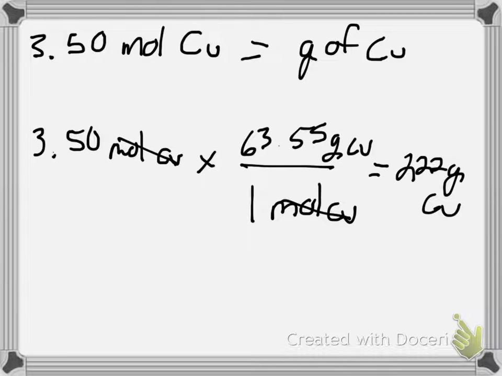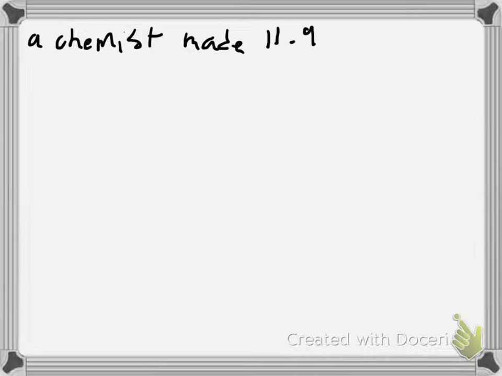All right, so let's clear this off and let's try one the other way. A chemist made 11.9 grams of aluminum, written Al.